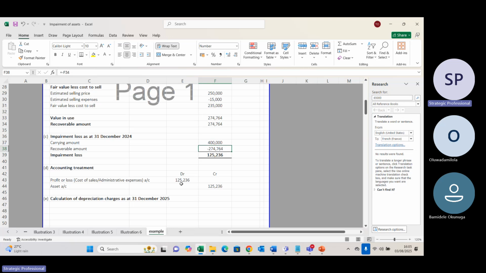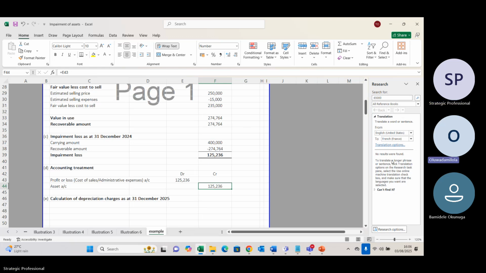Because when you debit P or L and credit assets with 125, you are saying that 400,000 minus 125, the 274, is the new value of the asset, reflecting the recoverable amount. It effectively means that the depreciation you were using before is too high, you have overstated. That means going forward, after you have done your impairment, the depreciation will come down. Madam, do you understand?